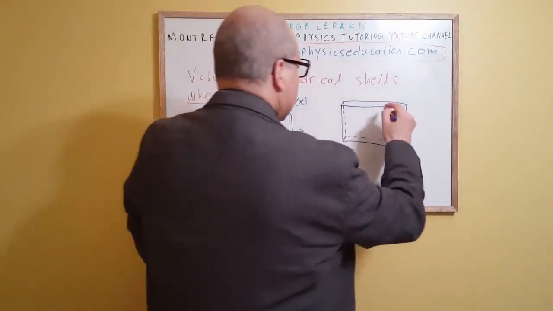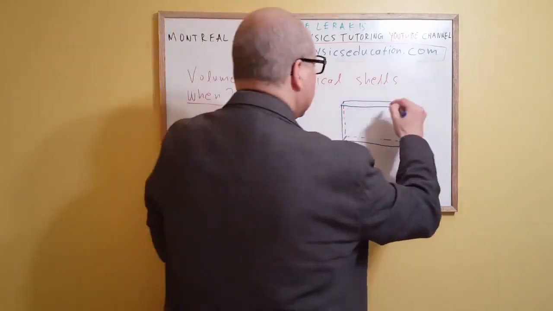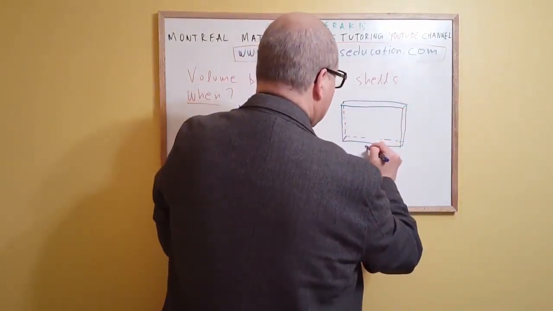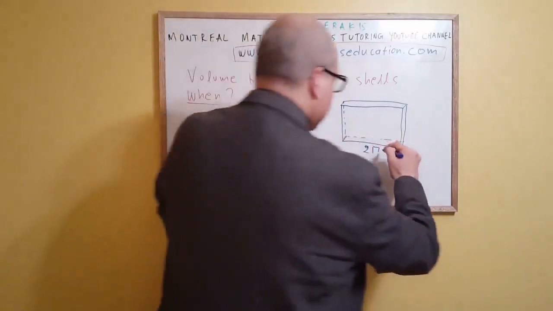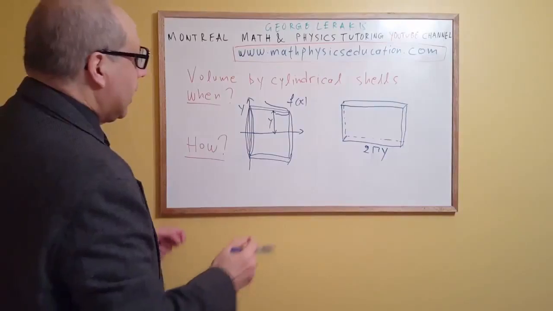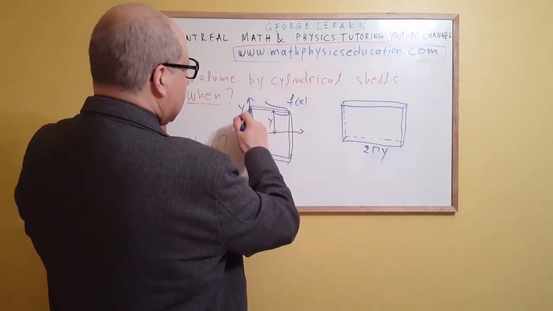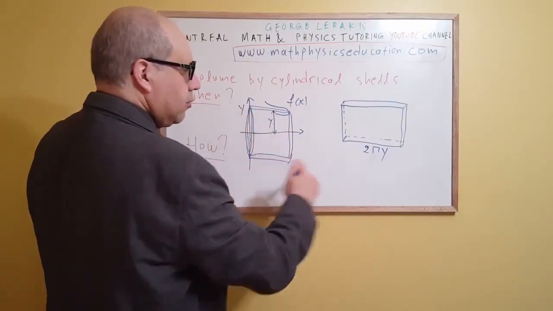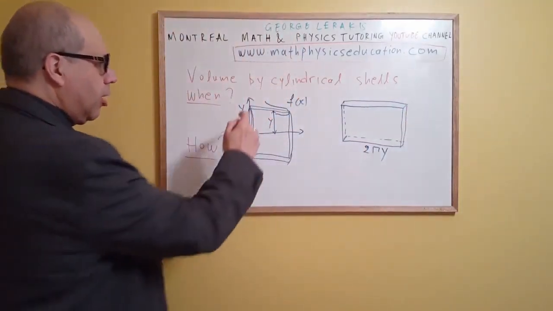It is the circumference of this circle, so that should be 2 pi r, where the r, we said, in this case is y. And the other side, which in our figure is this here, how much is this?